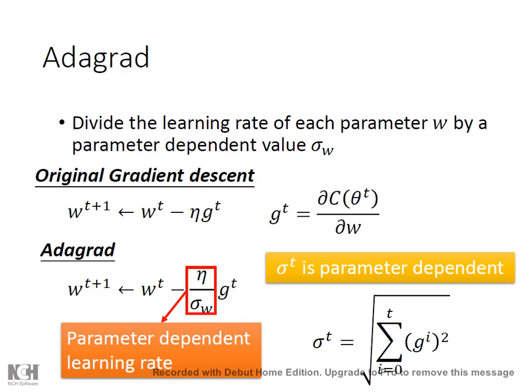If your gradient is smaller, then your sigma will be smaller, and your overall ratio will be larger, just like this. Okay, so you just try to balance your overall learning rate.